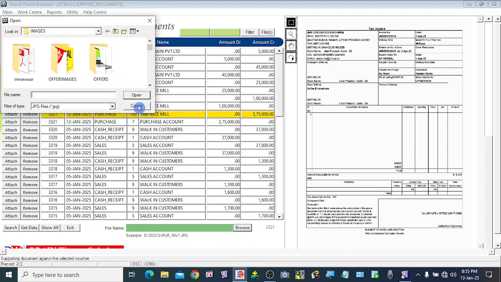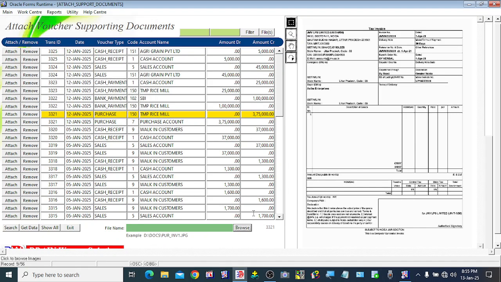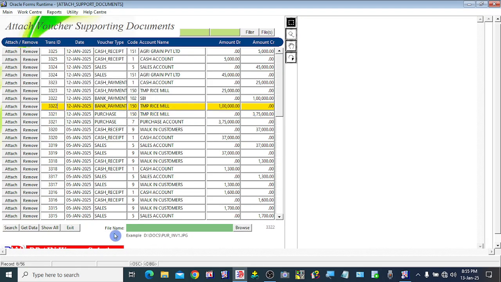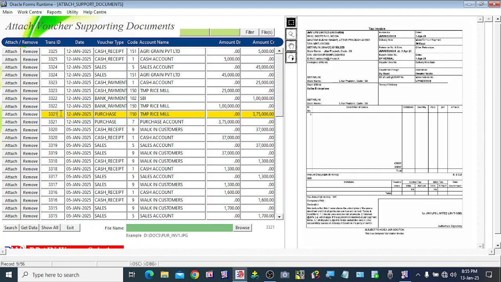You can attach an unlimited number of supporting documents against each voucher. Here we can see 3321 is the transaction ID. I have uploaded the invoice copy.